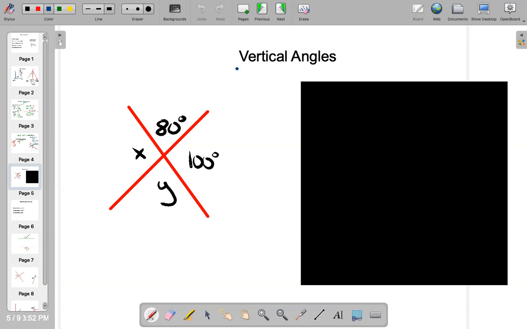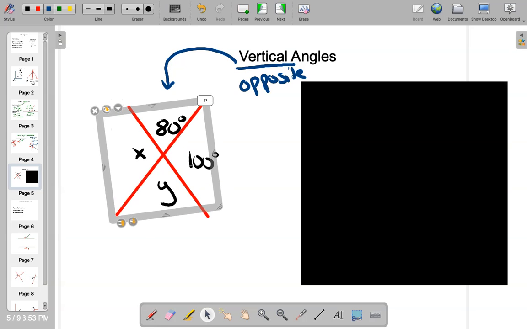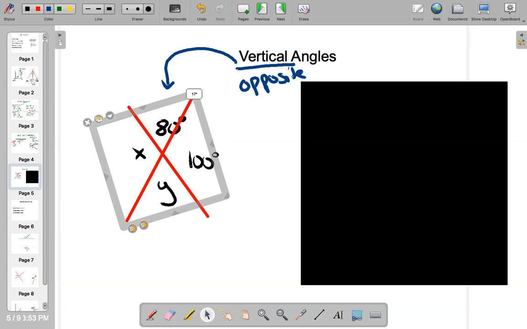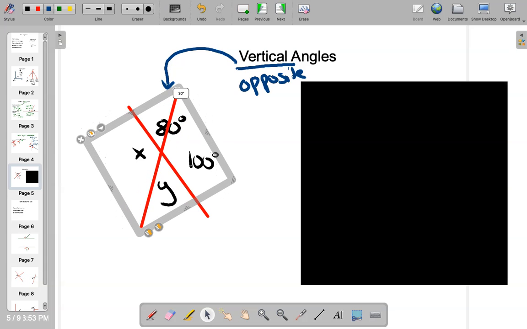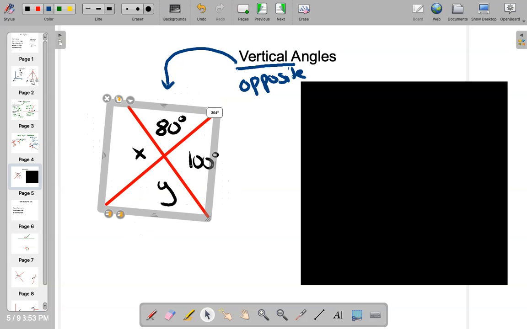Okay, vertical angles are also called opposite angles because they work with what we call these big intersections. So where I have an x intersects in opposite directions. And if I take this line here and I rotate it, if you notice, the angle on the top and bottom change in the same way.